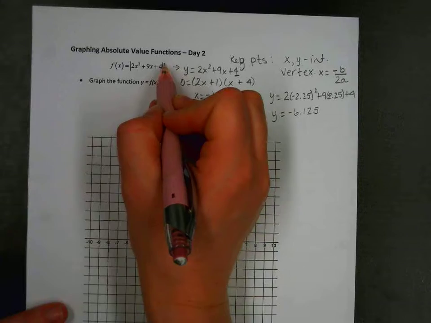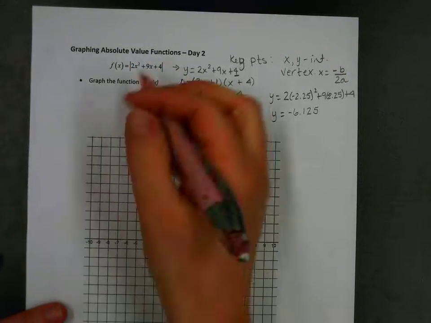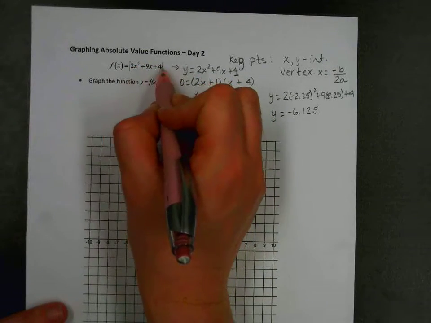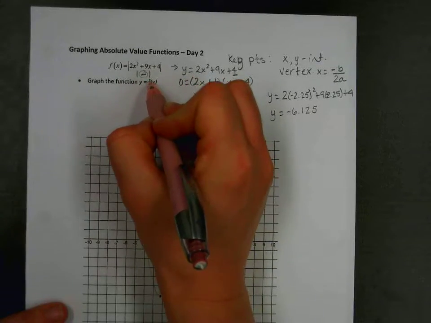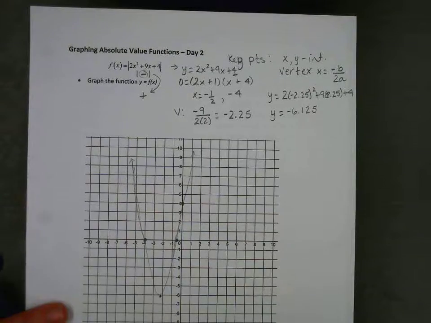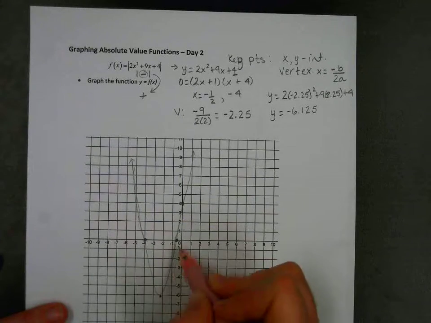Now I want to take the absolute value of that quadratic. Thinking about what absolute value means, anything that has a negative output value, when I take the absolute value of that, is going to change to a positive value. So all of these y values that are originally negative are going to turn positive.